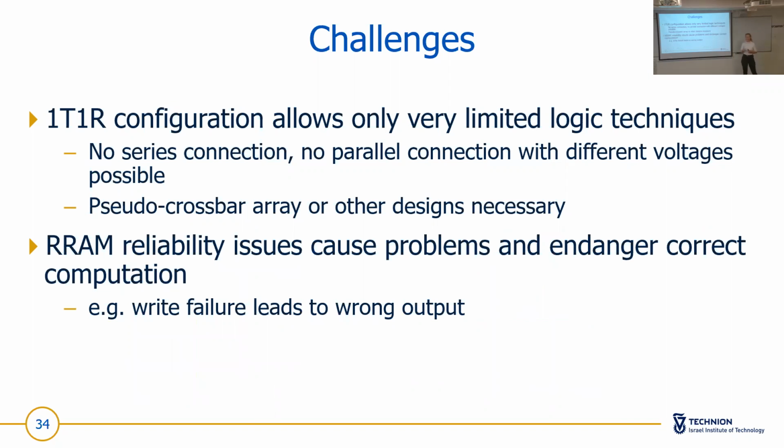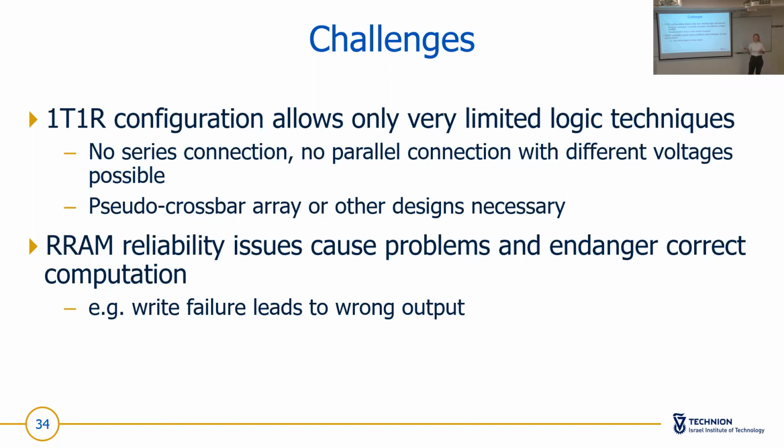Another, of course, very big issue is the RRAM reliability, because it can cause problems in the correct logical output. So as I showed you, the variability plays a very important role, because for the scouting logic, it can lead to an overlap of the different input combinations. And also for the 1T1R logic, the states shouldn't overlap.